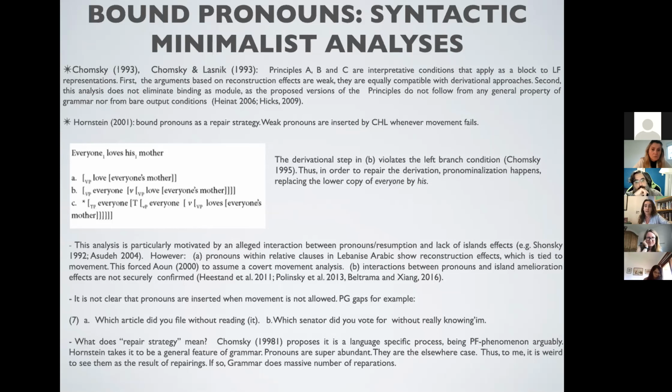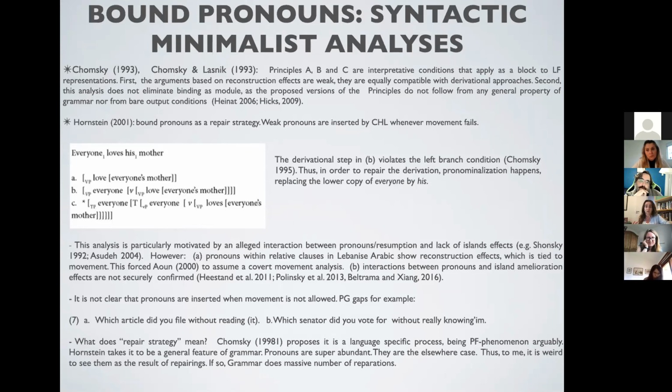That's in a paper that I already wrote about it. And second, this analysis does not eliminate binding as a module, as the proposed versions of the principles do not follow from any general property of the grammar, nor from any bare output condition. Hornstein proposed that bound pronouns are a repair strategy.